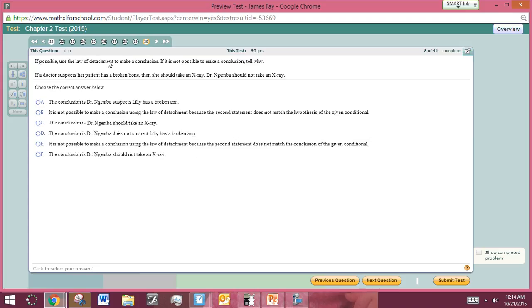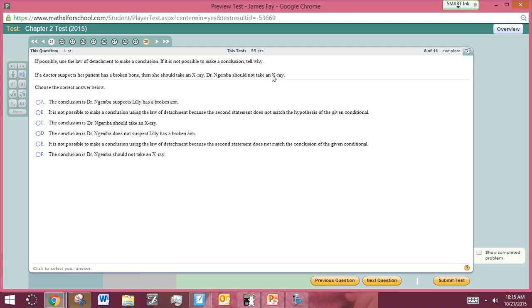If possible, use the law of detachment to make a conclusion. Remember, the law of detachment is going to say a particular if-then statement and then give you an additional statement, and you got to see if this additional statement matches up to the hypothesis. So if a doctor suspects their patient has a broken arm or broken bone, then they should get an x-ray. This doctor should not take an x-ray.